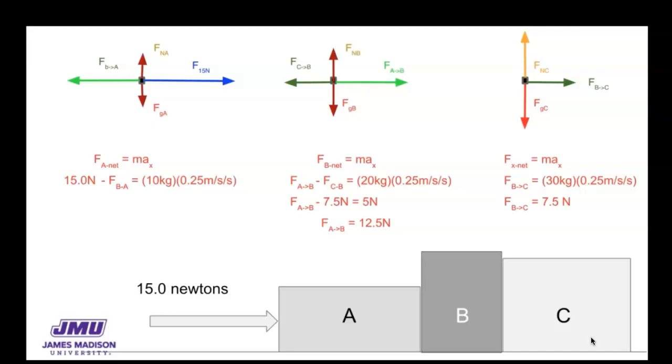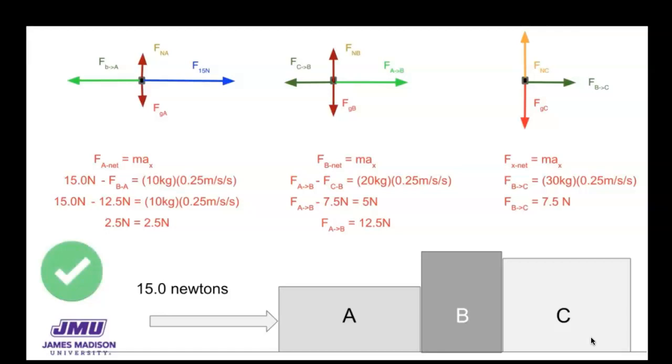That will equal the mass of box A times the acceleration of box A. And if we go through and check this math, we get on the left 2.5 newtons and on the right 2.5 newtons. We didn't need to double check that. It was just worth making sure that we're doing the math correctly.